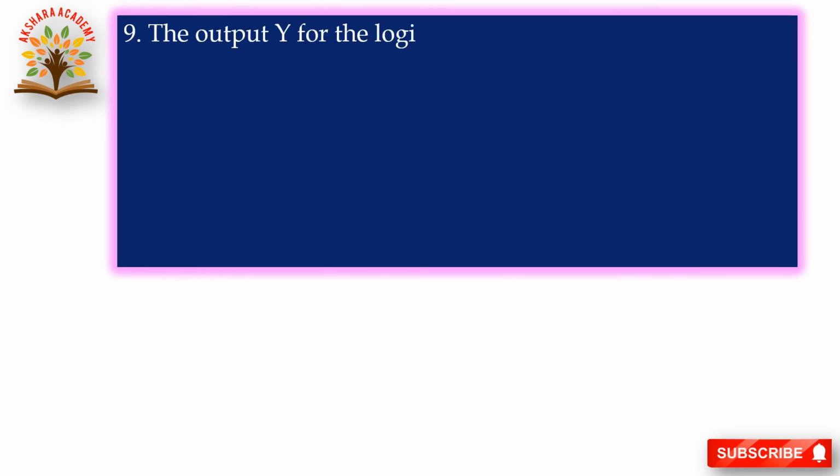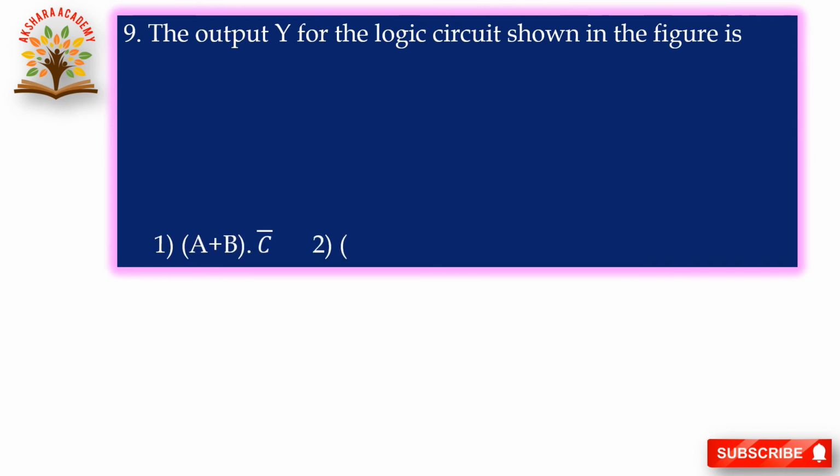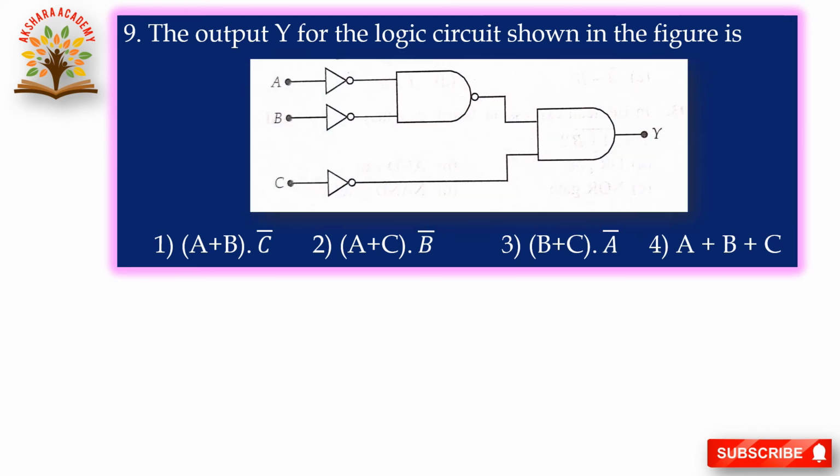The output Y for the logic circuit shown in the figure is, so now we have to calculate the output Y for the logic circuit. So observe this logic circuit, and here A bar and here also B bar.